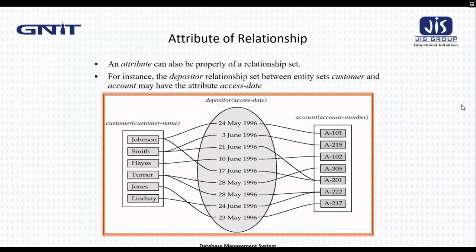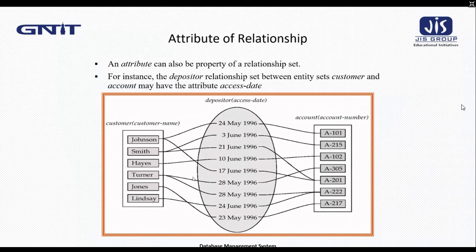So you cannot specify the access date as a property of the customer, because the access date is not fixed with a particular customer. A customer is accessing different accounts on different dates. Nor is it a property of the account, because an account can be accessed on different dates.